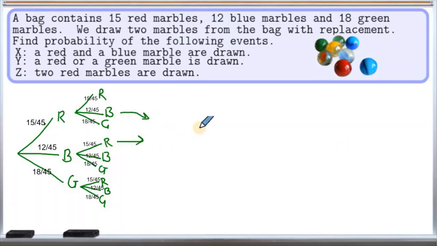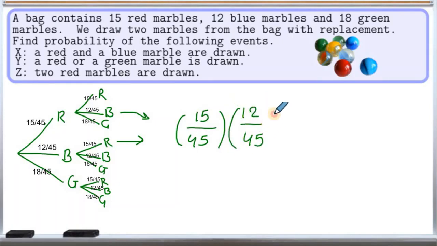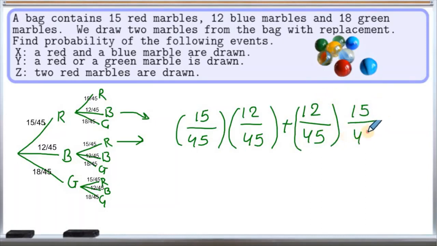For the first branch, we are looking at this branch, 15 by 45 times 12 by 45. And for the other branch, we have 12 by 45 and 15 by 45.